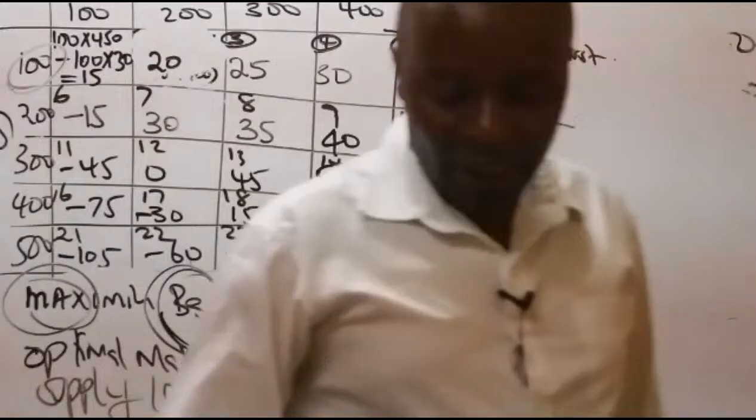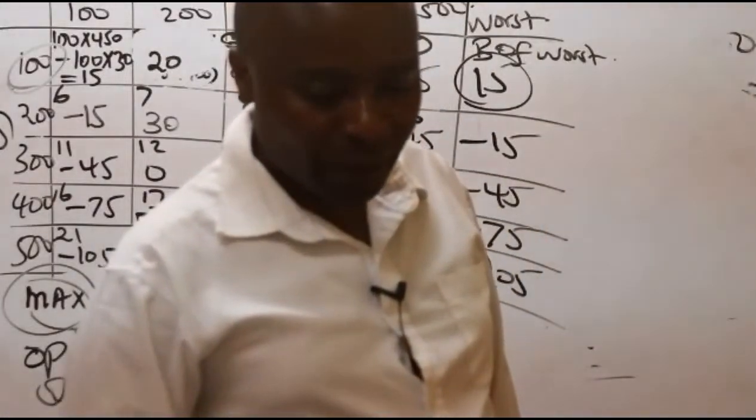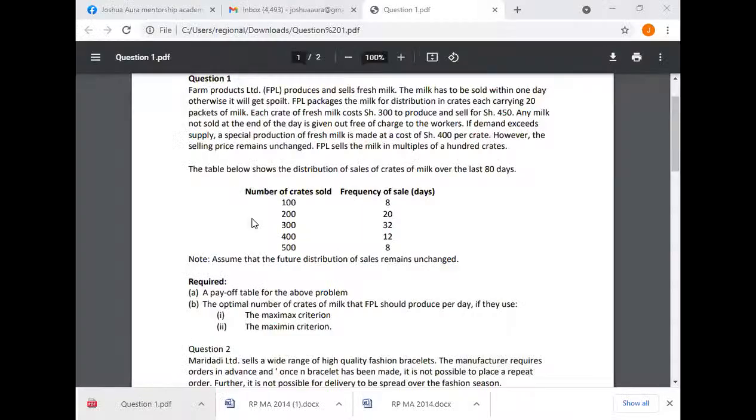From this question, is there anybody who can tell us what we should do to be able to get probabilities, just in case we had an examiner who wanted us to get expected monetary value?